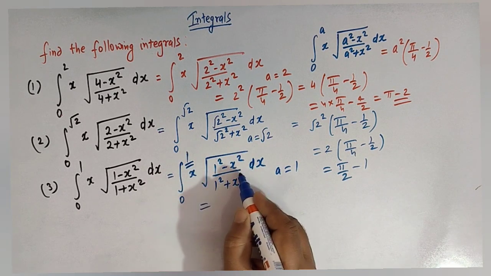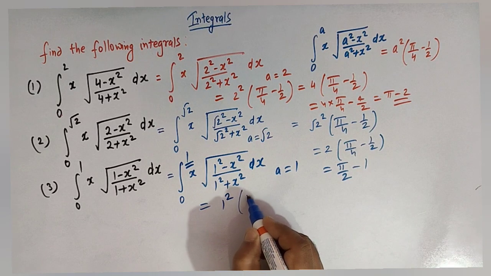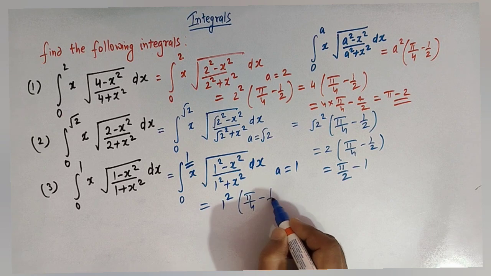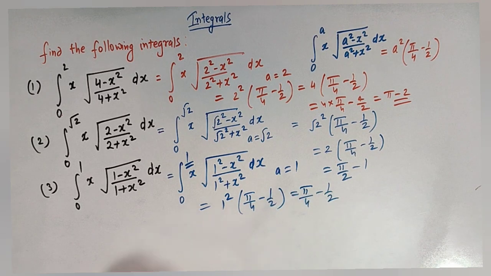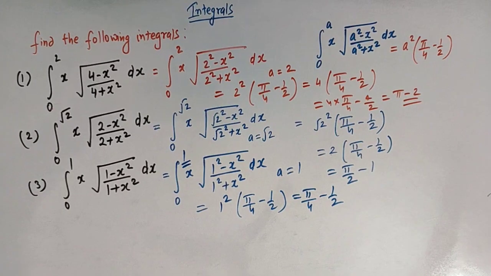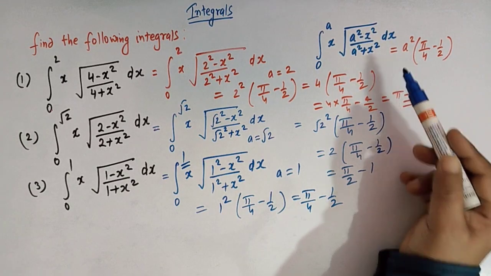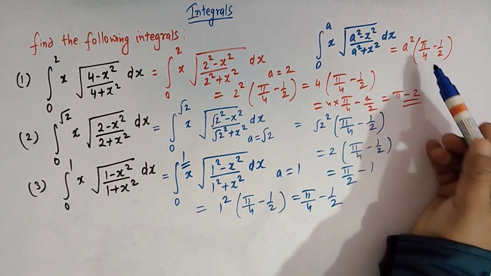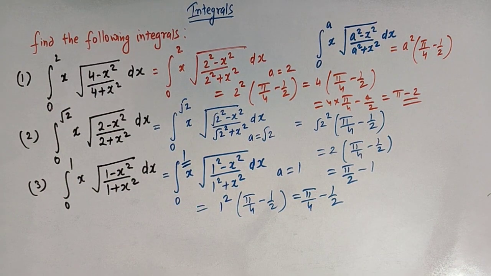So the direct value of this integral is 1 square times (pi by 4 minus half). So this is simply pi by 4 minus half, right? So viewers, this is how by using and memorizing these types of results, we can easily write down the values of these types of integrals.